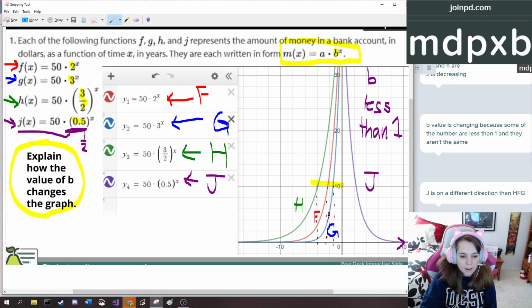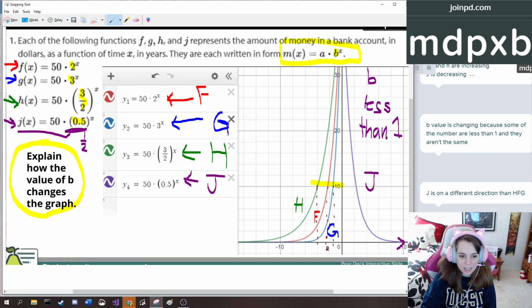Here F is reaching 10 when the negative is a little smaller, and then G is reaching 10 when the negative is the biggest value.